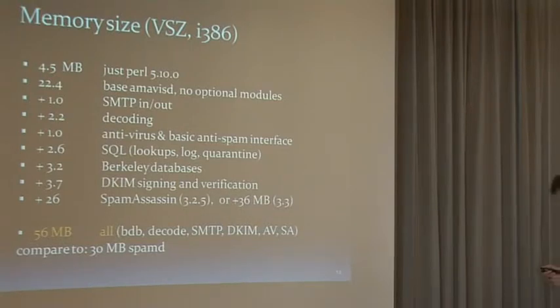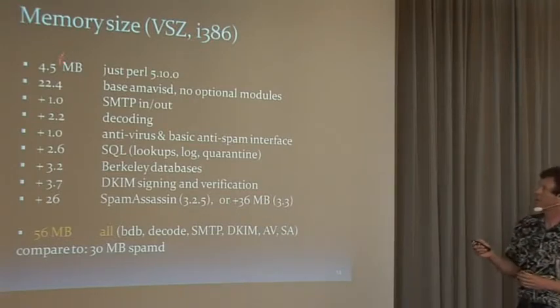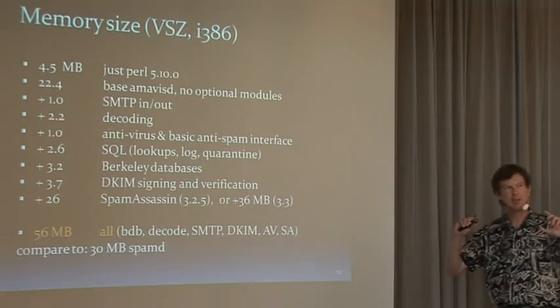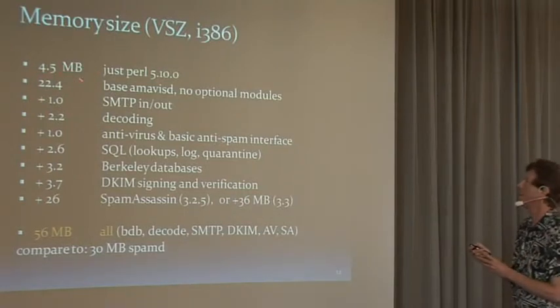I collected some virtual sizes for various configurations. I tried to remove all modules, then gradually brought them in one by one, and saw what was the increment in the virtual size. It starts with Perl itself; just running an empty command consumes 4.5 megabytes.